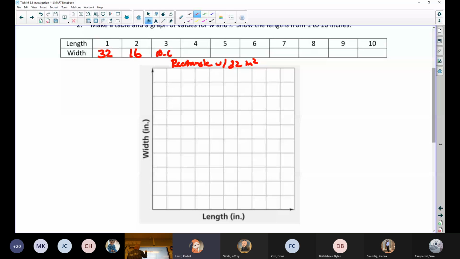I'll give you the answer. It's 10.6 repeating. I have a calculator. What about 4? 4 times what gives me 32? Or 32 divided by 4 is what? 8. 5 is 6.4. We're going to try to keep everything to a tenths number. These numbers aren't. And then these are flipped, right? This is this.